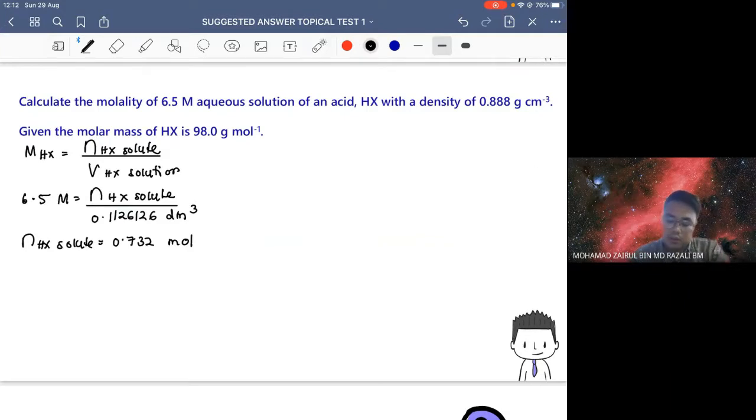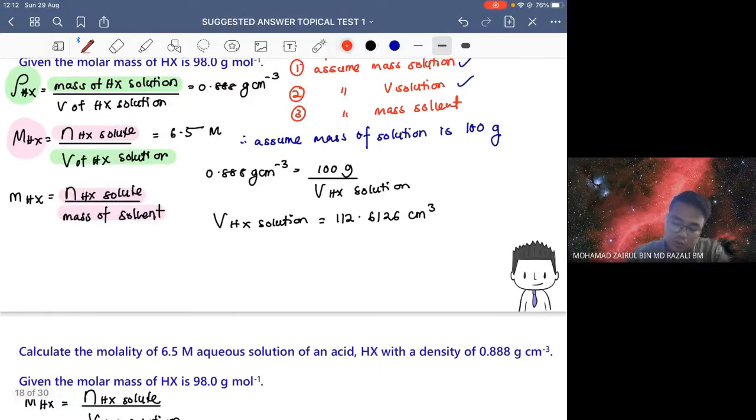Okay, so sekarang ni kita dah dapat mole solute, nak cari mass solvent pula. Mass solvent kita boleh dapat daripada mass solution. Sebab apa? Sebab nak produce solution, kita kena mix solvent and solute. Kita kena campurkan bahan pelarut dan bahan yang ingin dilarut.